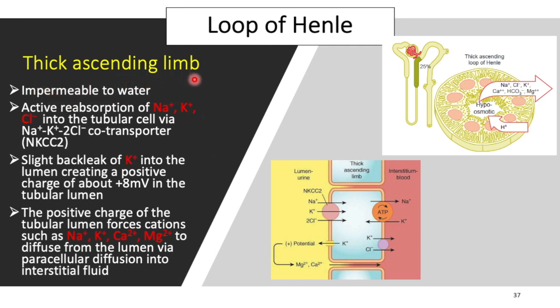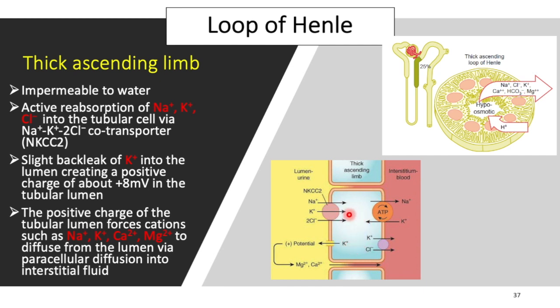However, the thick ascending limb reabsorbs a significant amount of solutes because it has many types of transporters. One of the transporters is sodium potassium 2-chloride cotransporter, or NKCC2. NKCC1 is located throughout the body, but NKCC2 is located specifically in the kidney. This NKCC2 allows reabsorption of sodium, potassium, and chloride into the tubular cells.